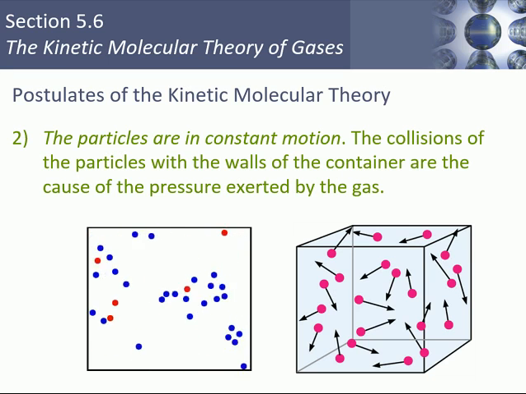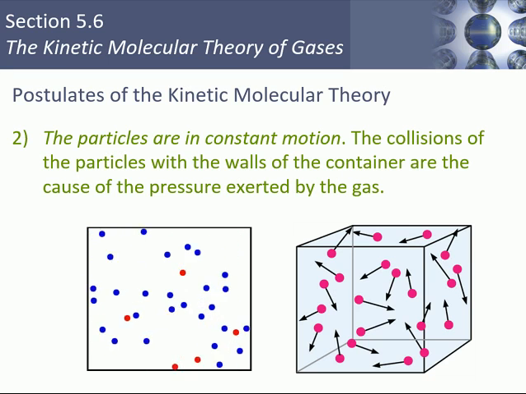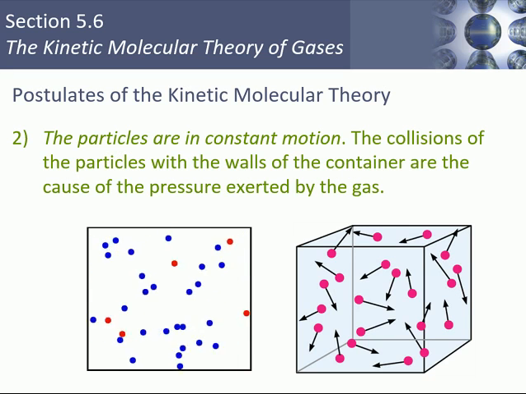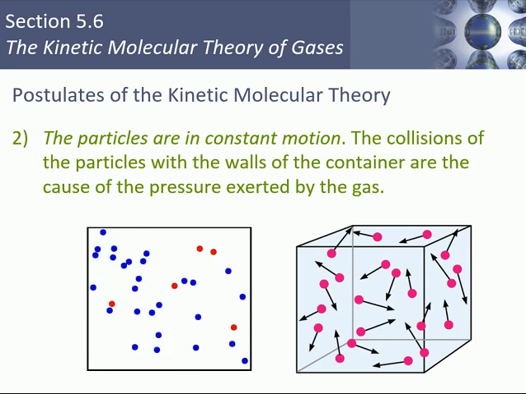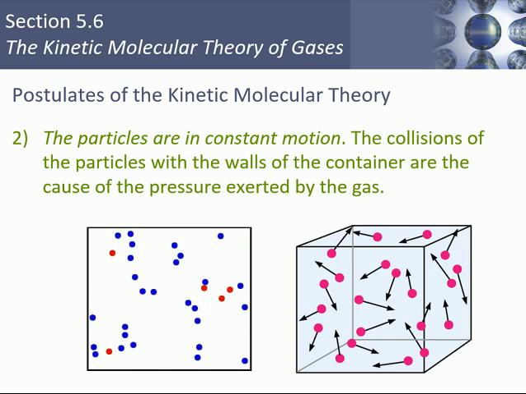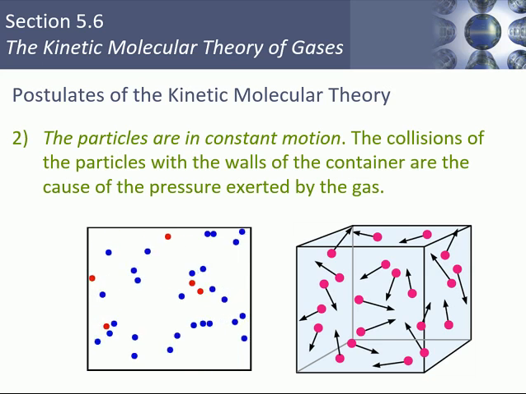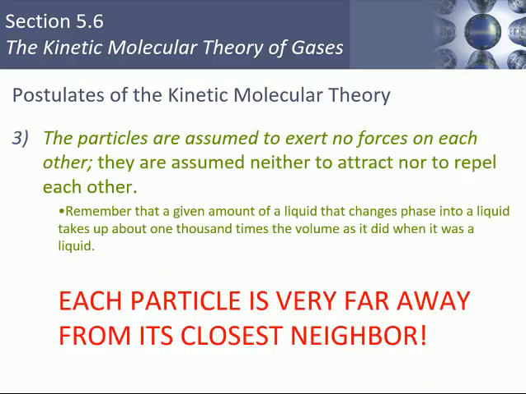If there was an attraction force or repulsion force, you would see those gas particles have to curve towards or away from another gas particle, and you do not see that happening in this graphic. That is the third postulate of the kinetic molecular theory. No attraction forces or repulsion forces in between these gas particles.